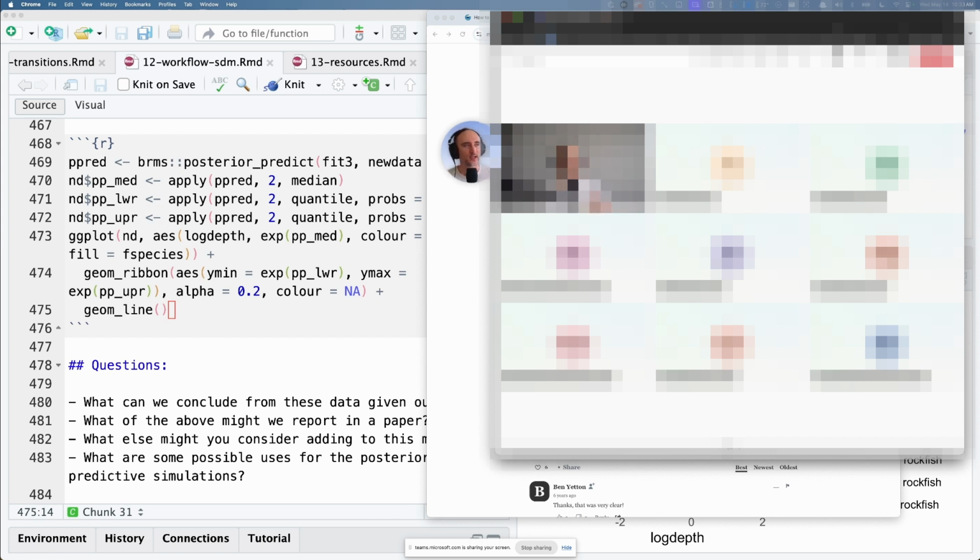But when you're trying to show a relationship, like in this case, I would probably be showing the expected value relationship. On the other hand, if the focus was on something like a new sampling design of a survey, then I might be focusing on the posterior predictions themselves, because that includes all the noise that is of interest. So they're both valuable. It just depends what you want to convey.